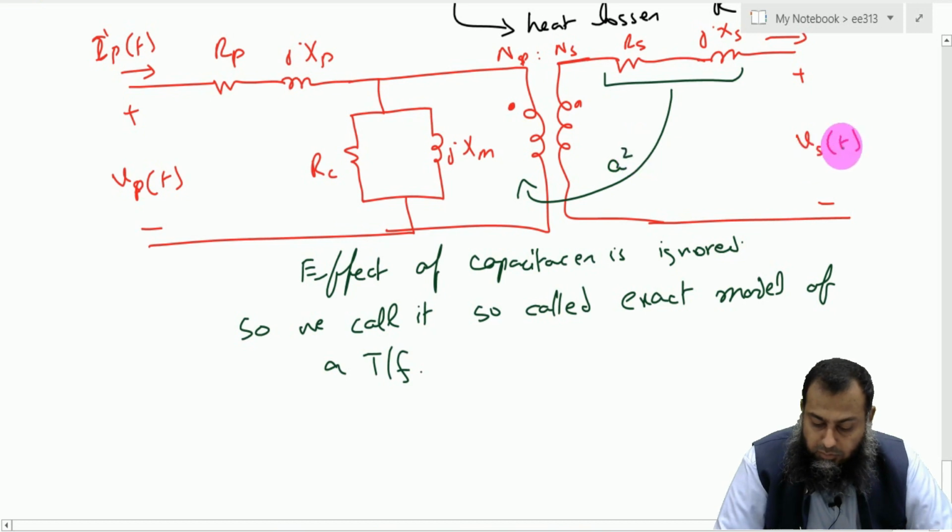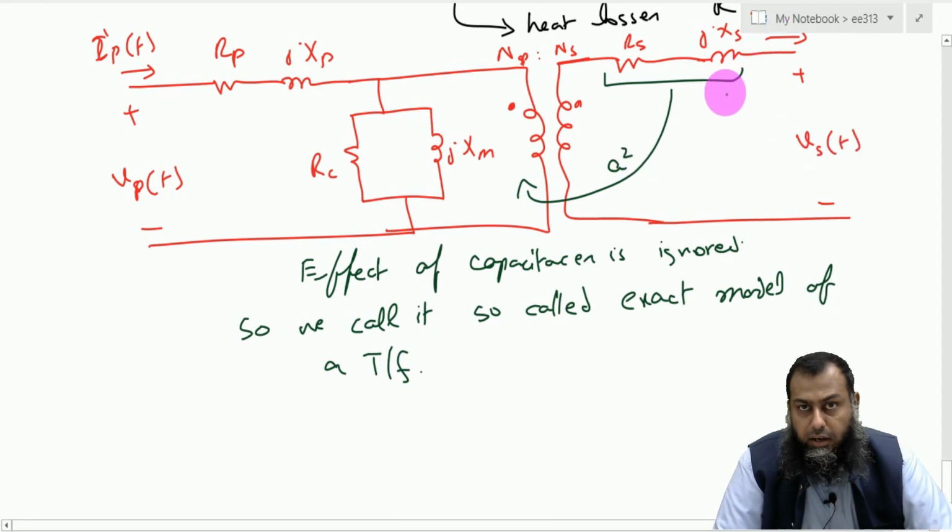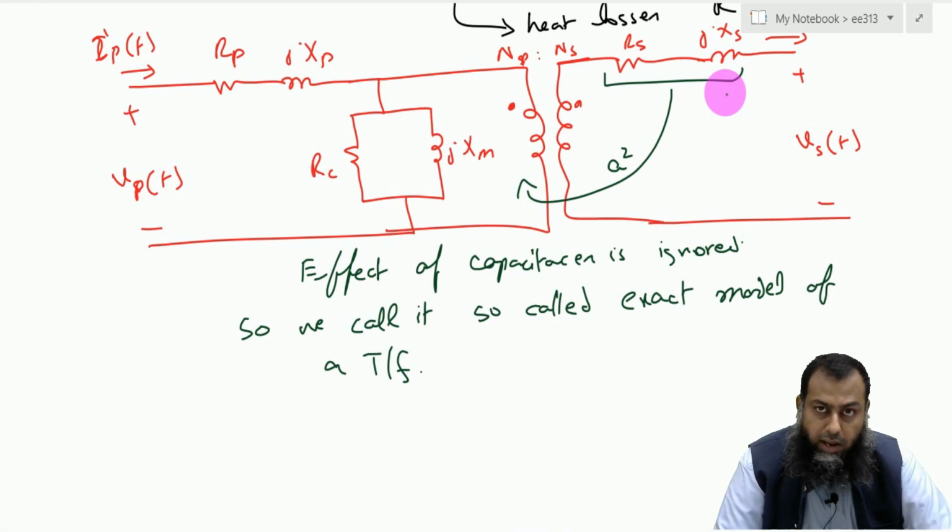Whereas this voltage and the current goes with the typical expression of a transformer, which is V1 over V2 is equal to N1 over N2 is equal to I2 over I1.